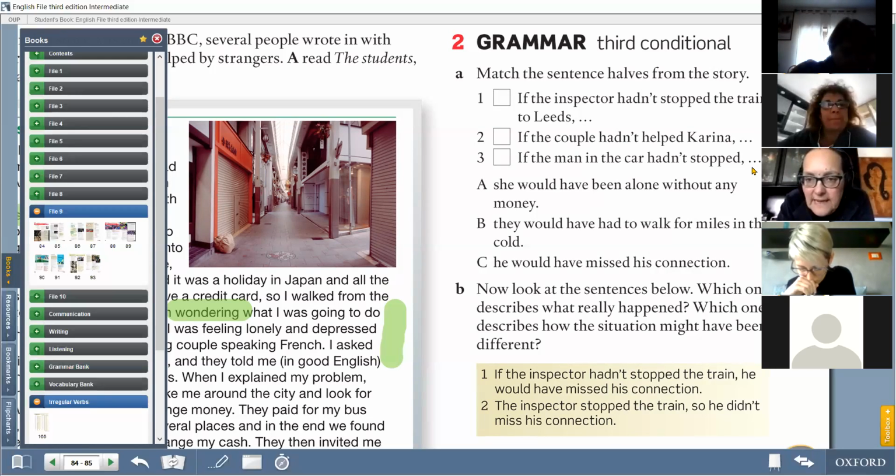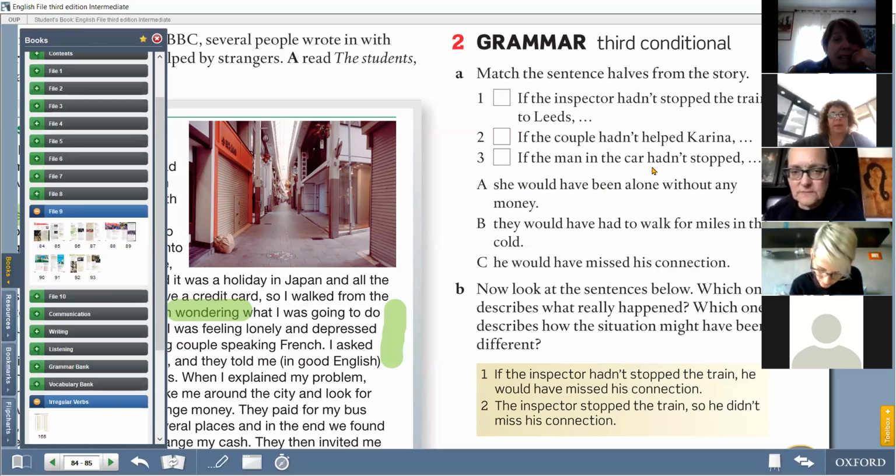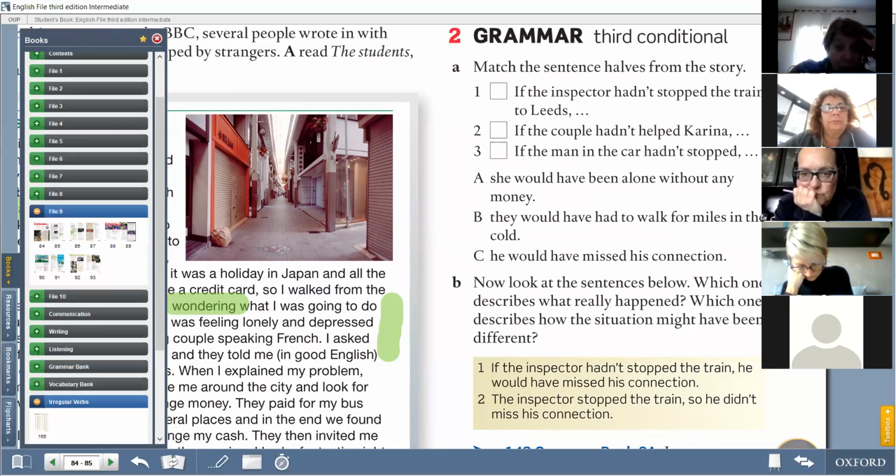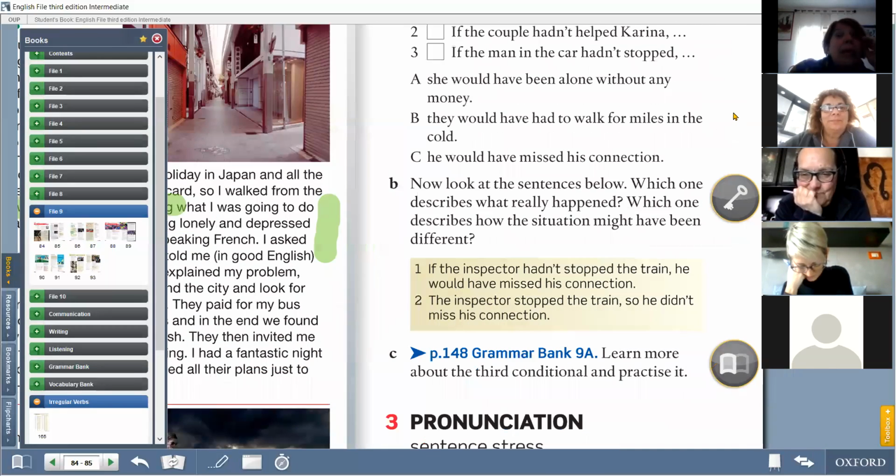If the man in the car hadn't stopped, they would have had to walk for miles in the cold. È da suicidio questa terza frase. Questa qui è complicata, però l'avete capita completamente il significato, al di là di formarla, no?